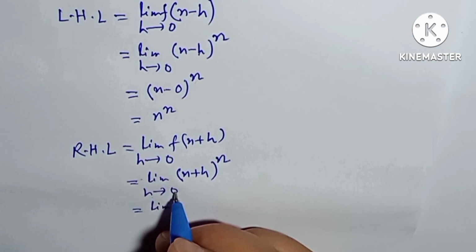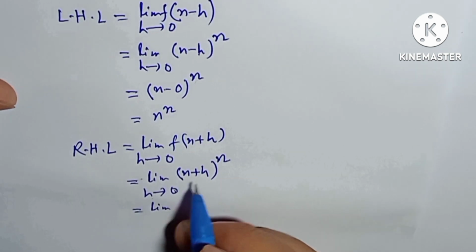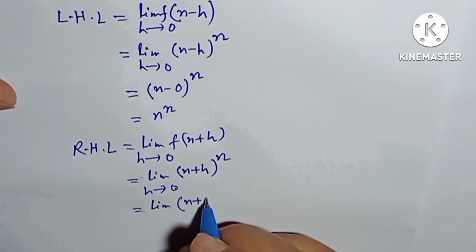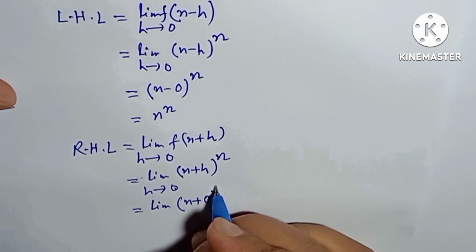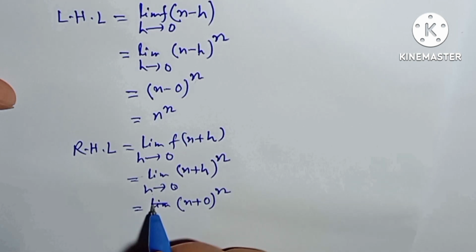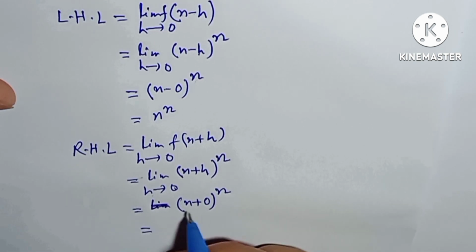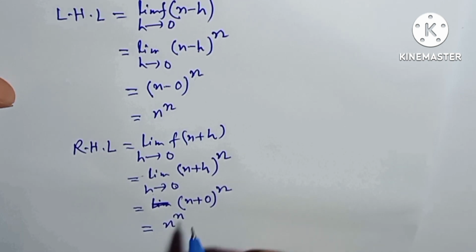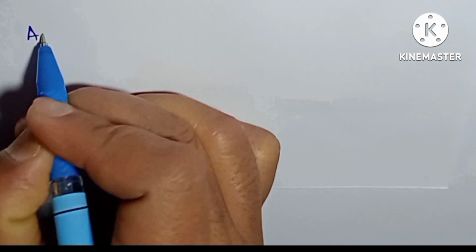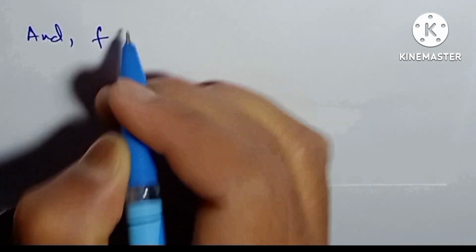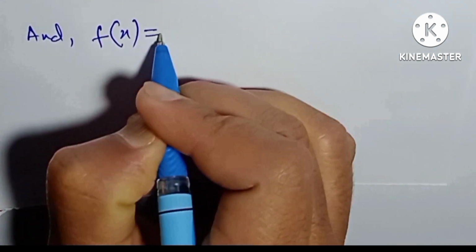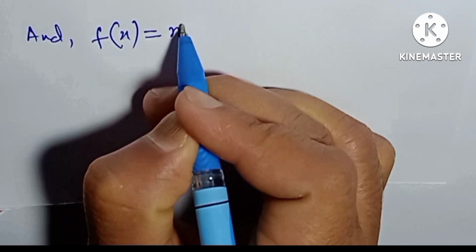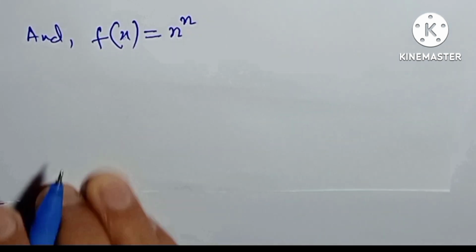Let us put the values of h equal to 0. Now n plus 0 raised to the power n equal to n to the power n. And f of n is n to the power n.